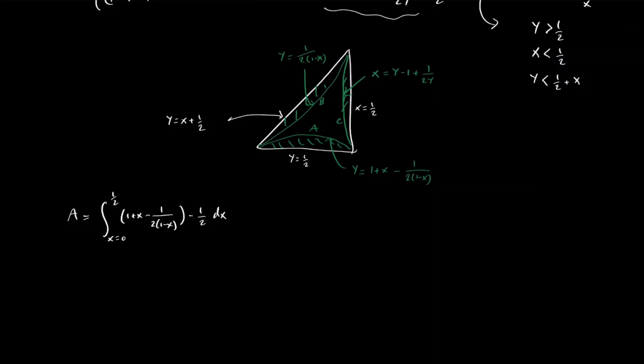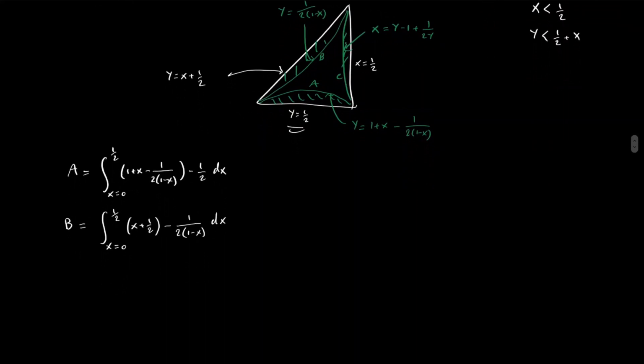And this is because we shouldn't forget to subtract this function to calculate the integral. The area B will be equal to the integral from x equals 0 to 1/2 of the function x plus 1/2 minus the function 1/2 (1 minus x) dx.